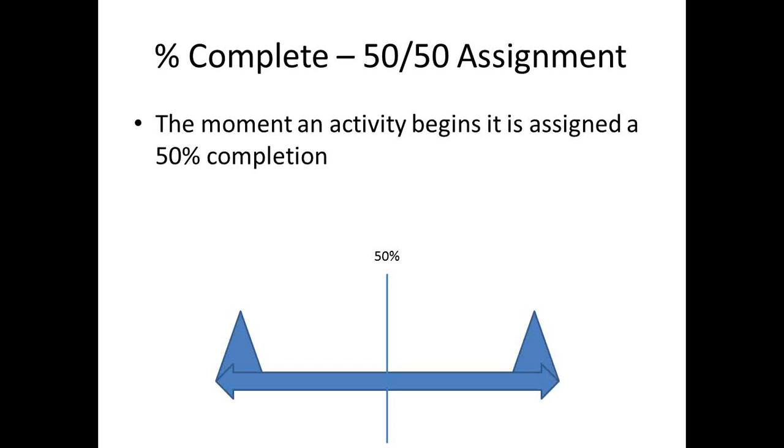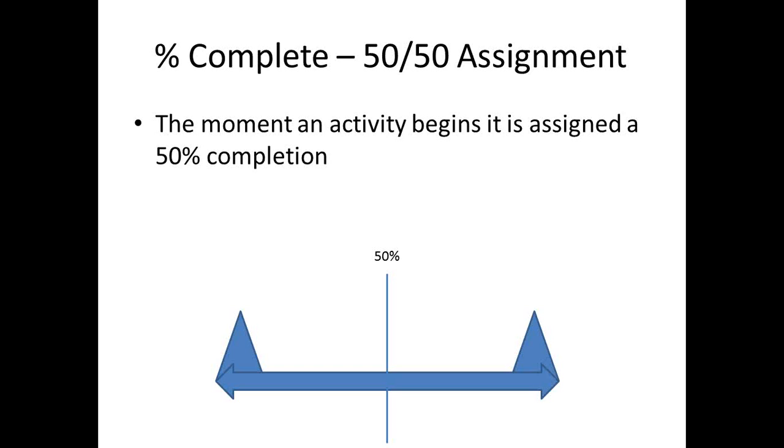So in some cases, you would use what is known as 0, 25%, 50%, 75%, and 100%. In some cases, you would actually monitor it on every single day, at the end of every day. And the reason you would do that is you find that activity to be really critical and you want that to finish on time.